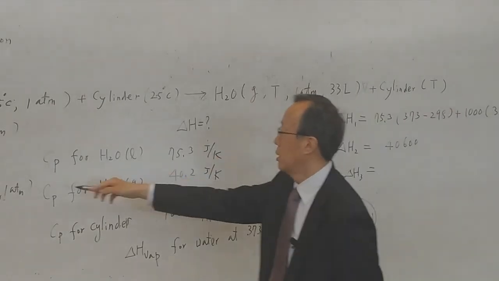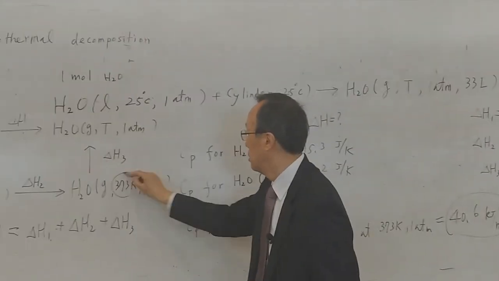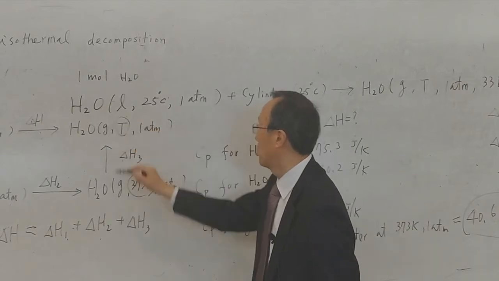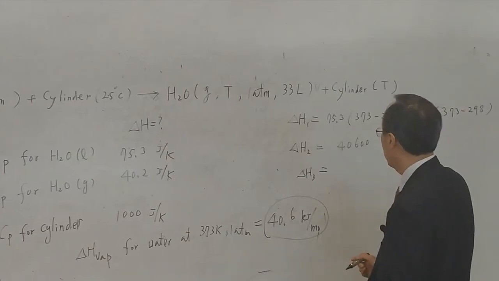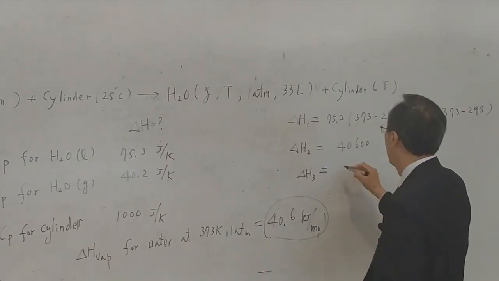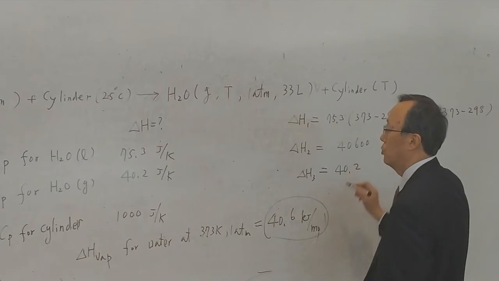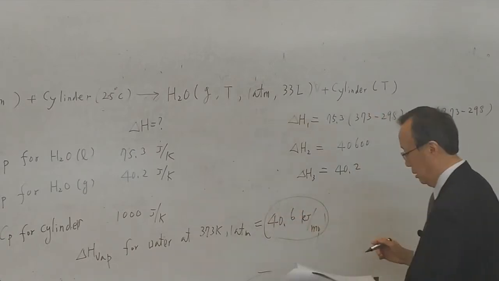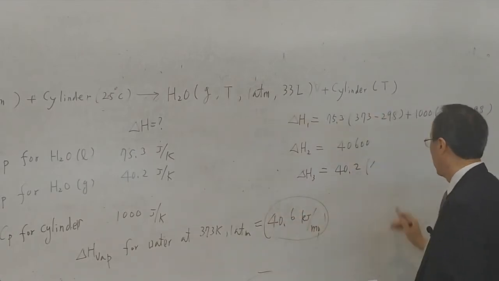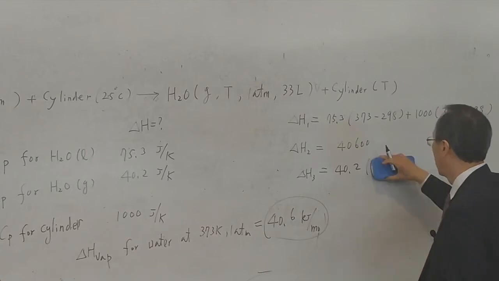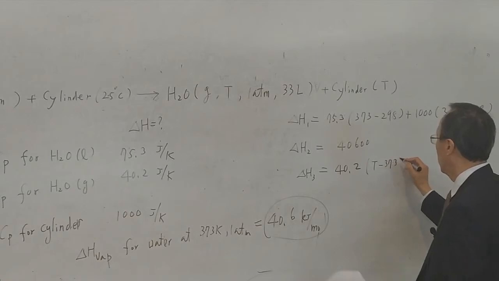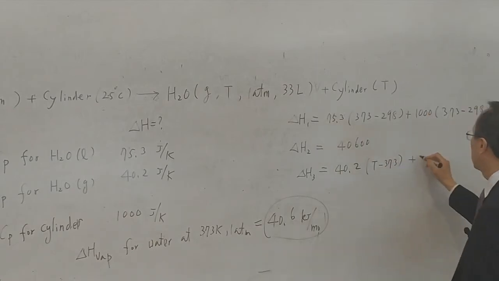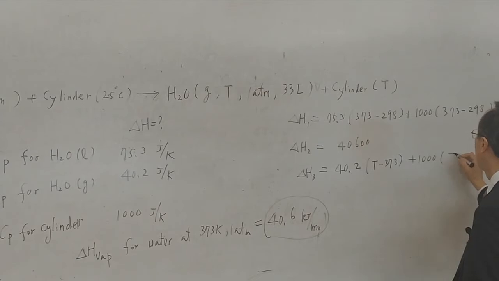Delta H3 is from this temperature to T. So this one is 40.2 in gas state, Cp, times T minus 373, plus 1000 times T minus 373.